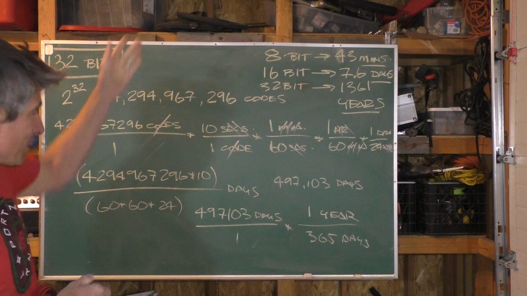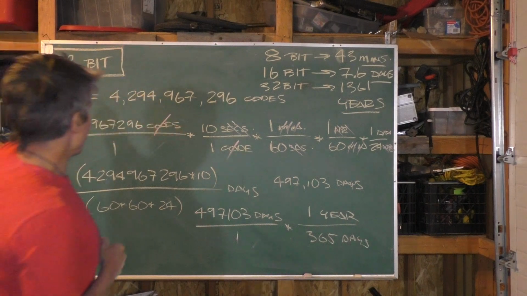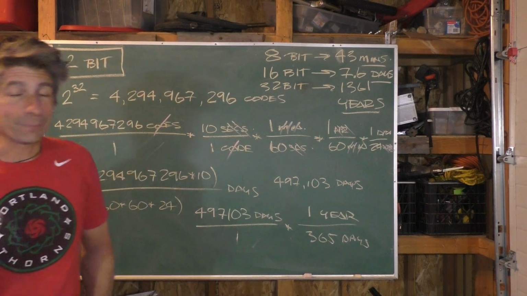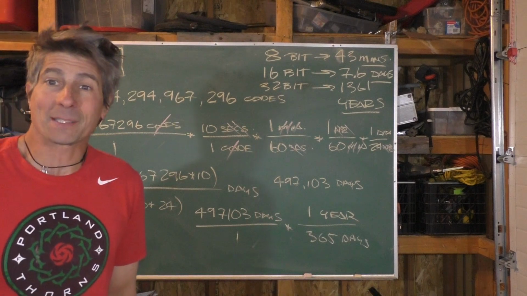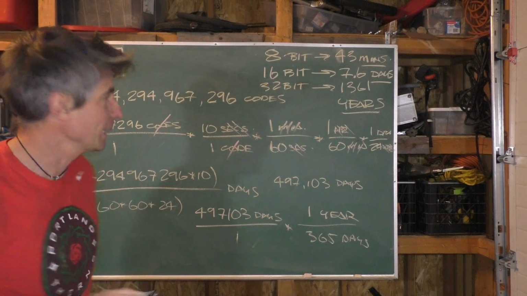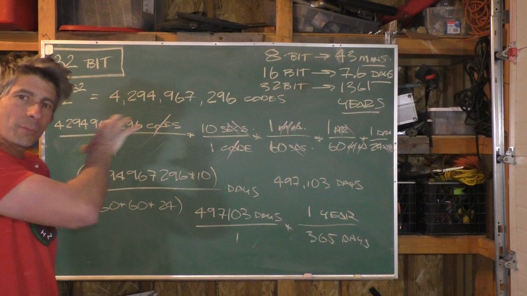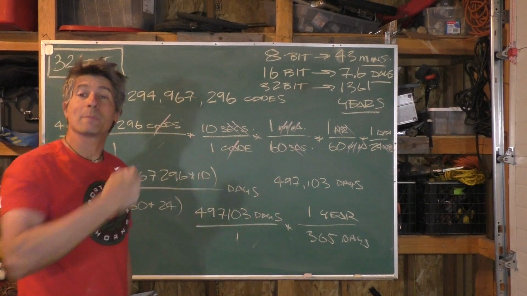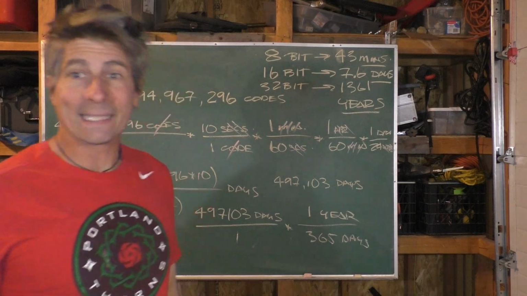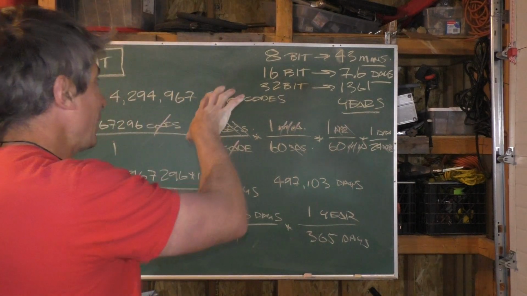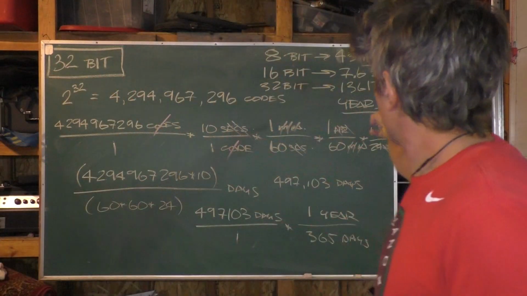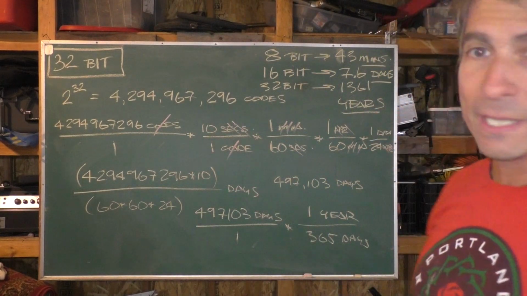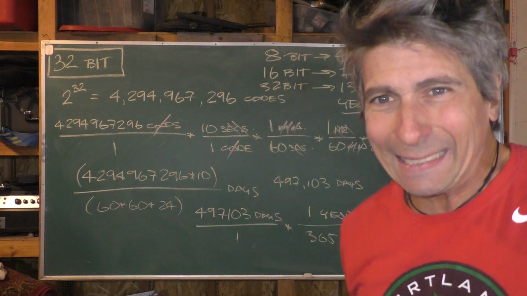And the more bits of security we have, I didn't even bother writing out a 32-bit code because I had a hard time counting and writing and being interesting. But the more encryption we have, the harder it is to brute force it, which means the safer your data is going to be. Now, 32-bit is still, as crazy as that sounds, 1,361 years, it's actually not that crazy at all.